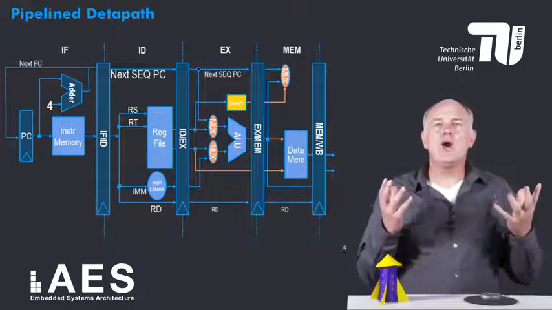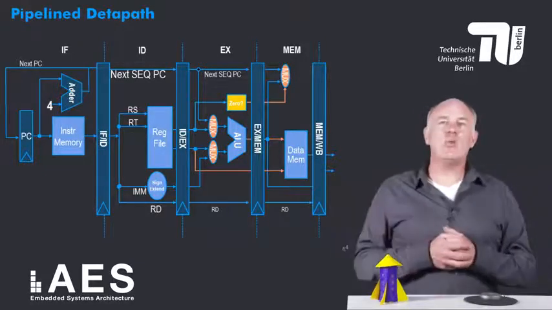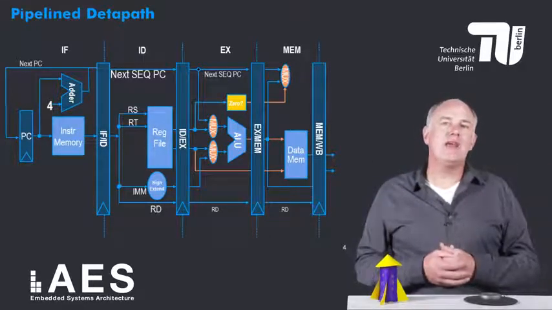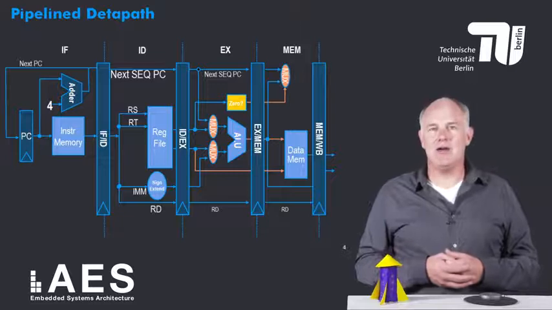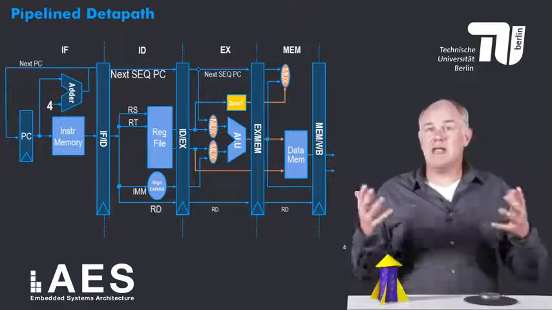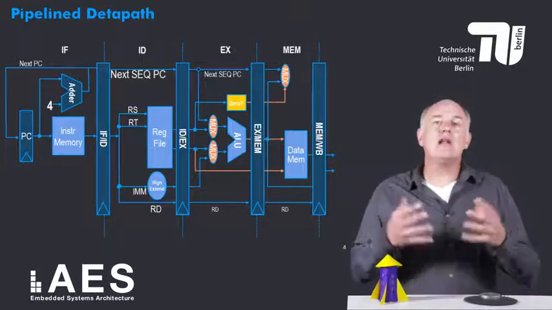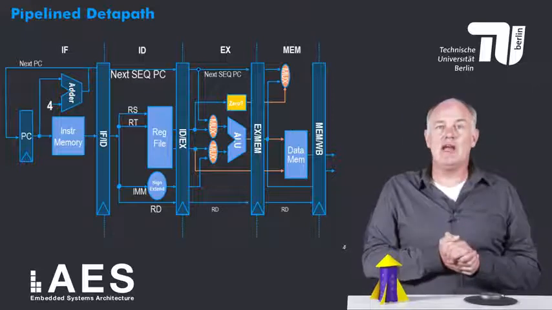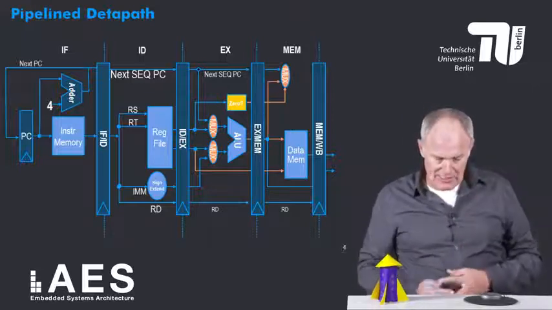In fact, we also need to solder the output of the multiplexer to the PC register, but for simplicity, this has been omitted in this diagram. If the instruction is an R-type instruction, such as an add or a subtract, the ALU result is simply routed around the data memory as indicated by this line.